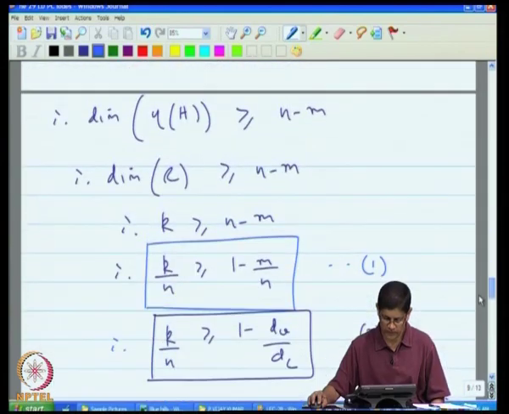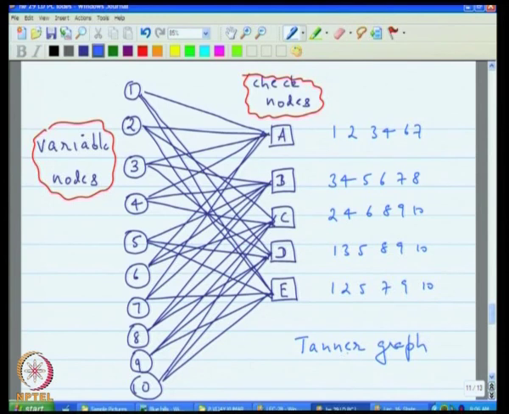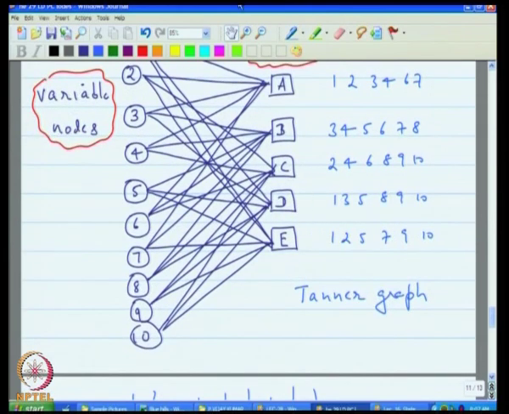So, this Tanner graph has a particular structure that the nodes on the left are connected through links only to nodes on the right, and similarly the nodes on the right are connected through links or edges only to nodes on the left. There are no links between nodes on the left or nodes on the right. So, this is an instance of a type of graph which is actually known as a bipartite graph. So, we will make a note of that.